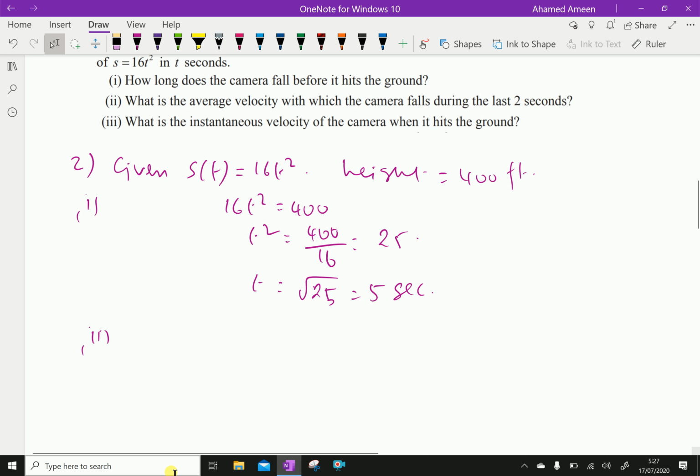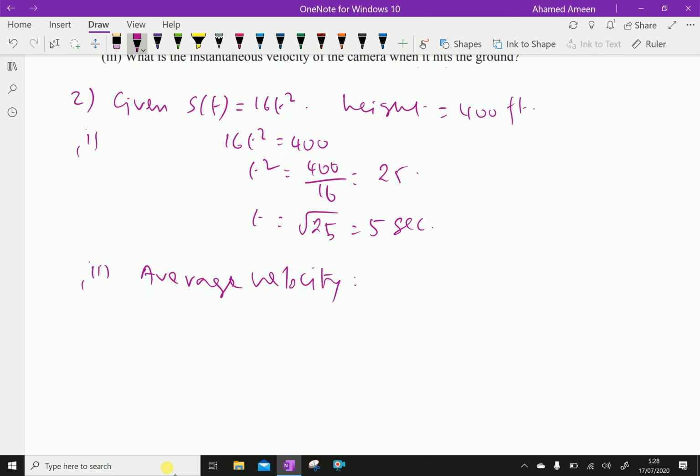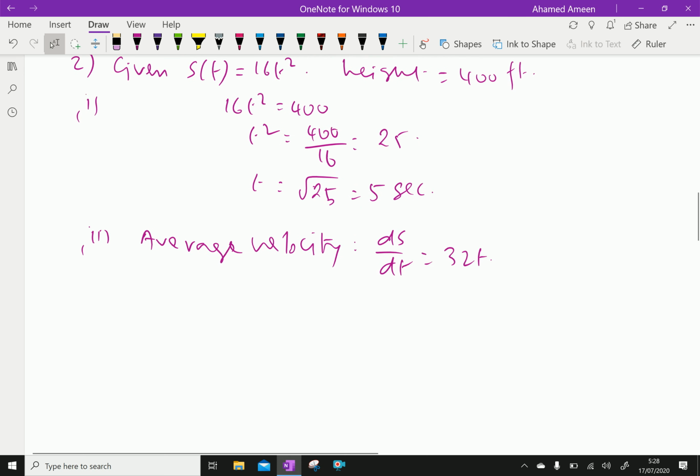Here, you have to differentiate s with respect to time, that is ds by dt, 16 t square differentiation is 32 t.